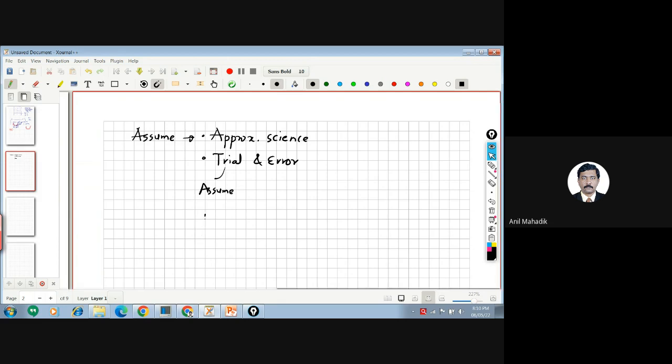Let's say you are assuming one beam of size, in the design, say you got a bending moment from analysis, let's say 100 kilonewton meter. I don't know what it may be. Now let's assume 230 by 600.